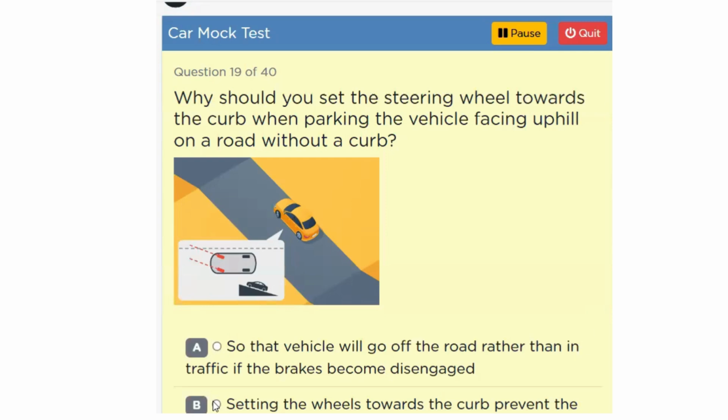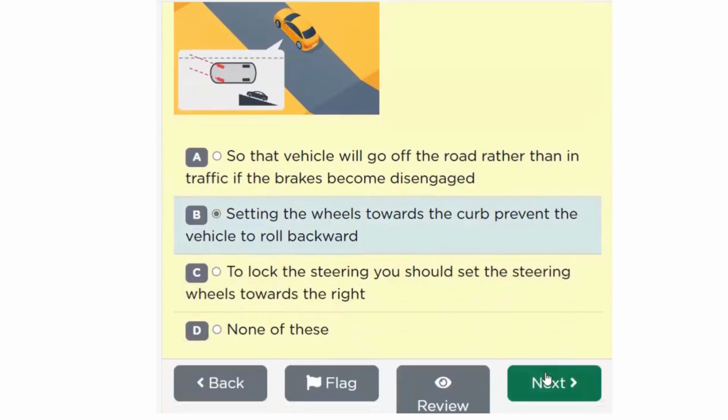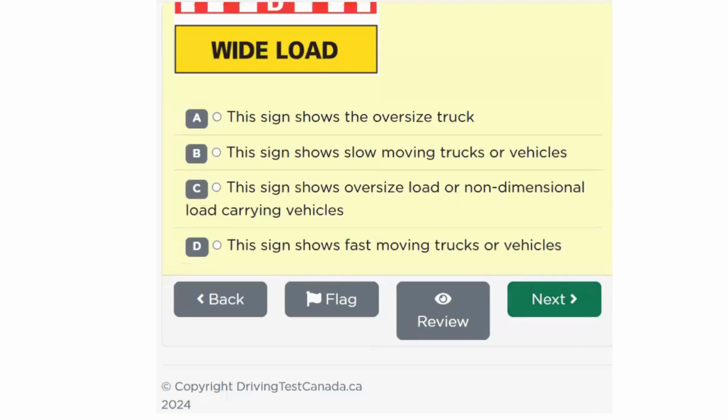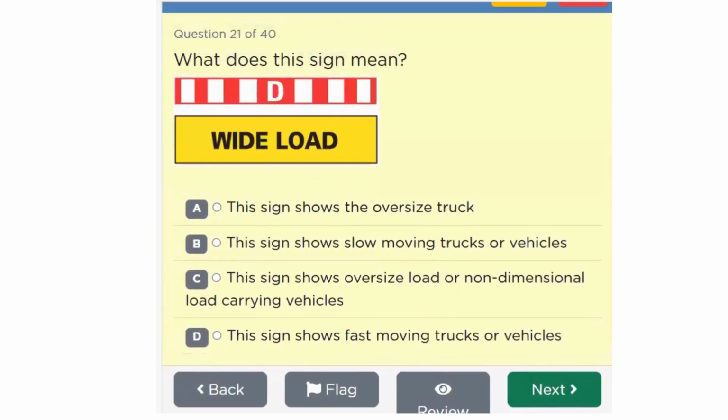Maybe this one, but that's a total guess game. It's not permitted. Okay, what does this sign mean? This sign shows the oversized truck, maybe.